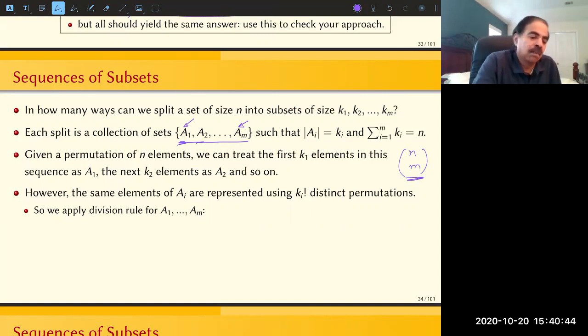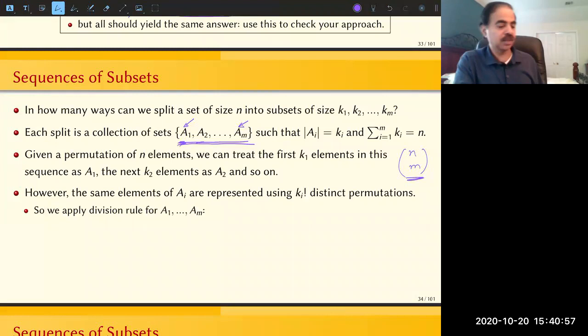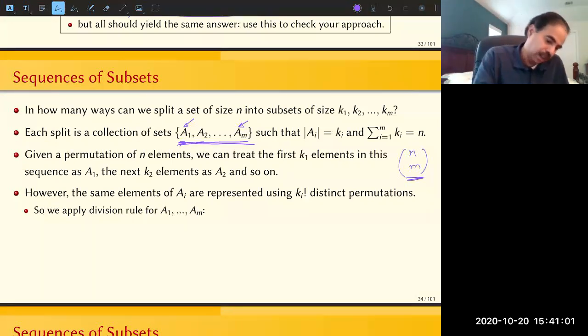So we want to find out how many ways we can do this, right? So we can use the same kind of reasoning that we did before. So we take a permutation, which is essentially a way of writing down all the elements in the set in some order, right?